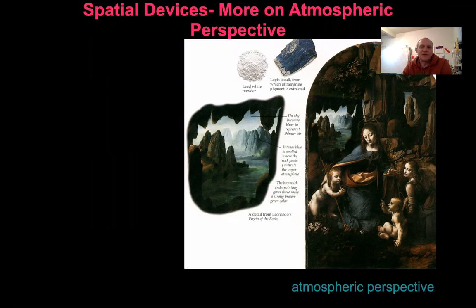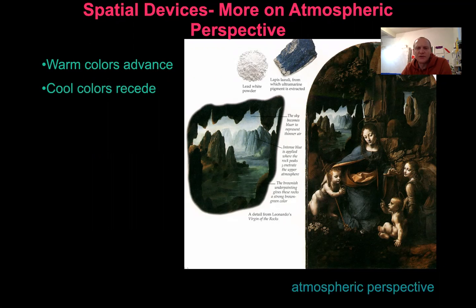I mentioned atmospheric perspective, and that's the illusion created by the crispness and the blurriness of objects in space. It also involves color. Warmer colors will tend to advance and cooler colors will tend to recede. You can see the faces of the figures in this painting are warmer in feel, whereas the blue gray in the background is a lot cooler in feeling.